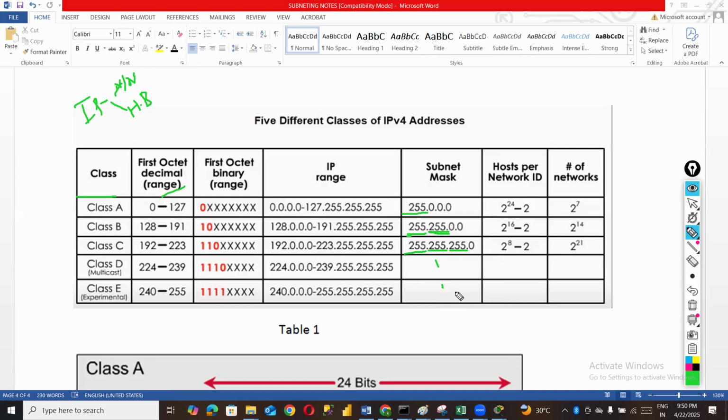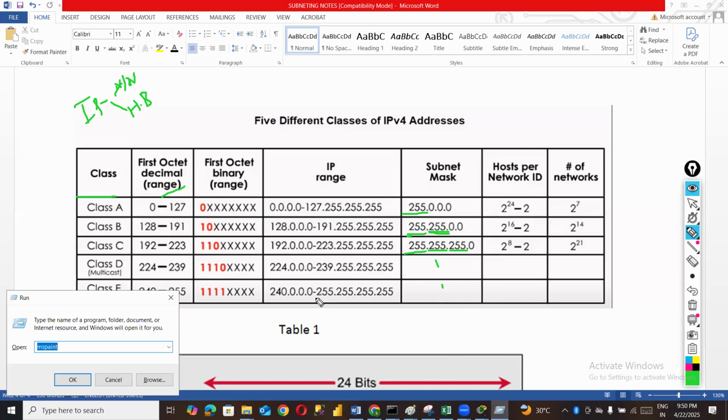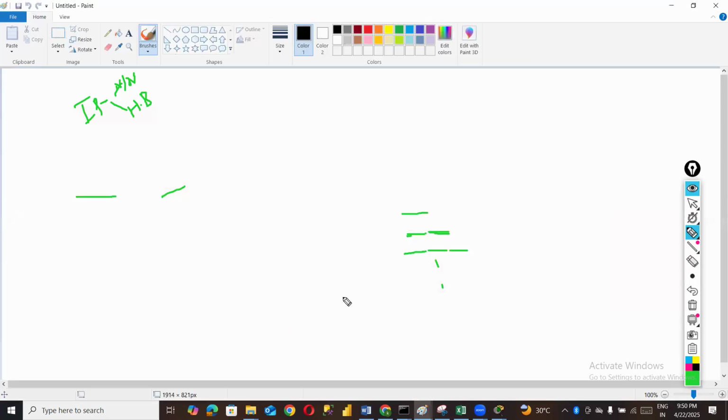So why are we saying the range is 0 to 127 only? Okay, let me go here. For example, if you can see class A, what is the class A range?